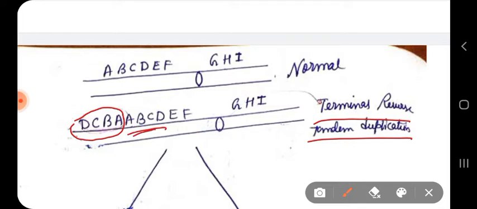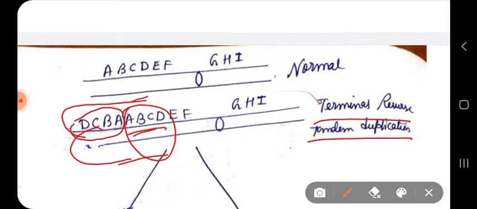This type of duplication is called terminal reverse tandem duplication, and in this case the affected end of the duplicated chromosome may fold back. It may fold back and pair with the same segment of the same chromosome, or it may fold back and pair with its corresponding segment of the homologous chromosome.